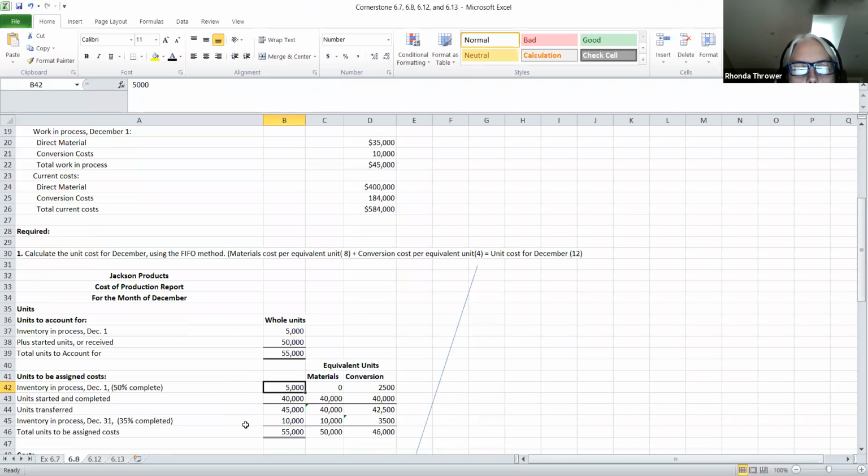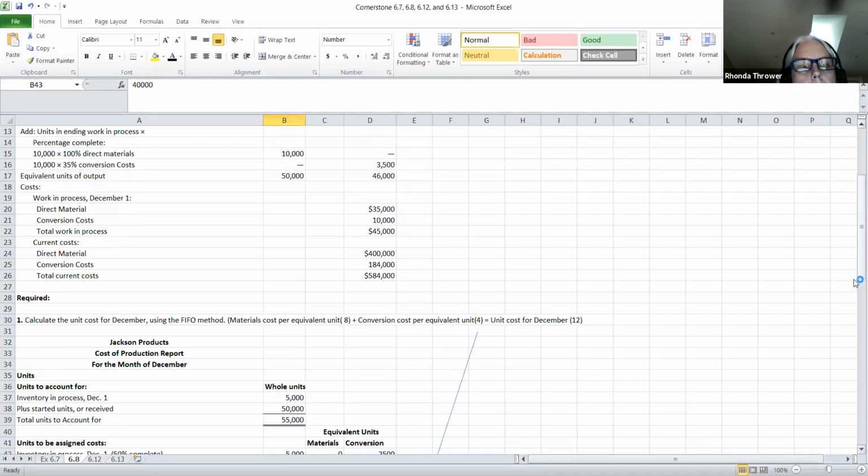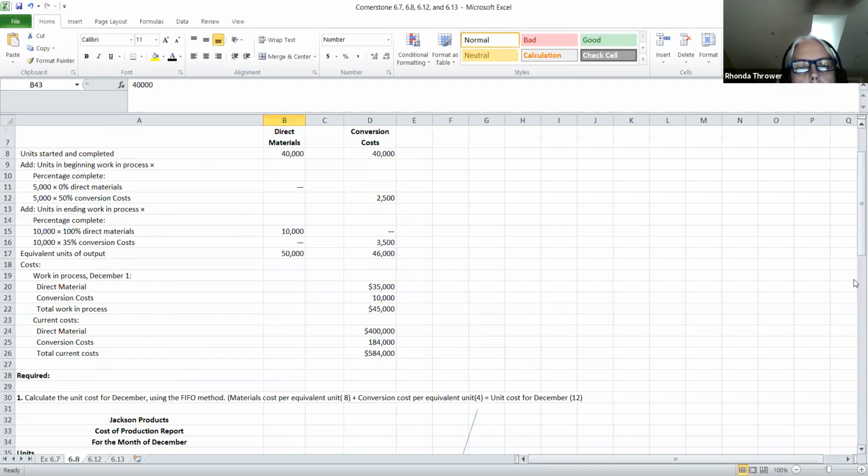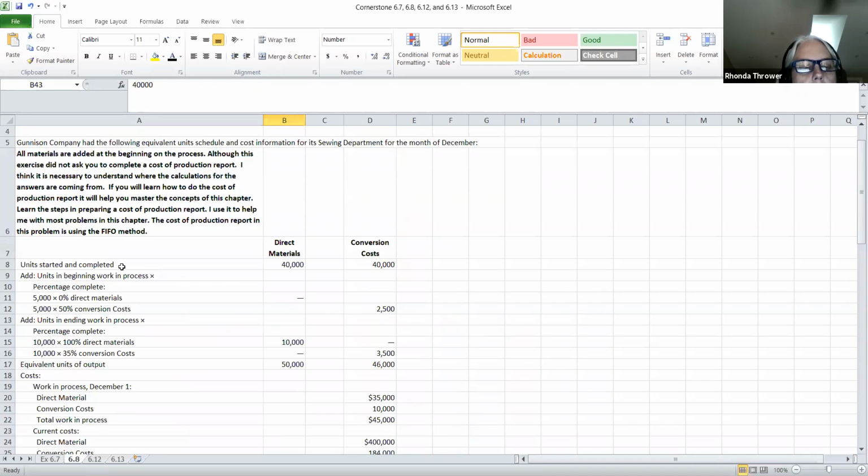This part is a reconciliation to this part or vice versa. This is a breakdown in this part of what's happening up here. We know our beginning inventory units that was given to us. The units that we started and completed were given in this particular problem.